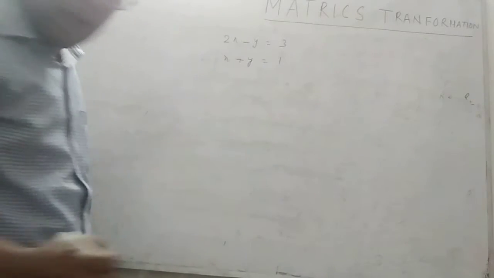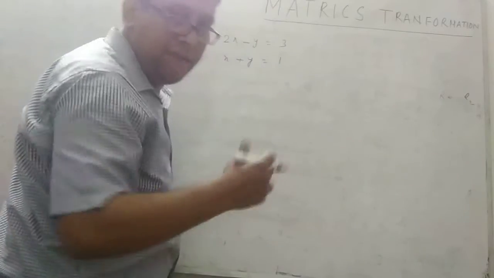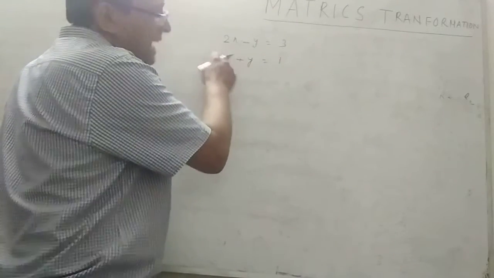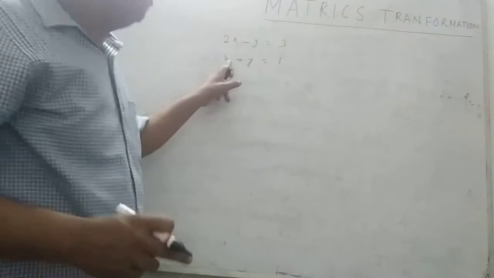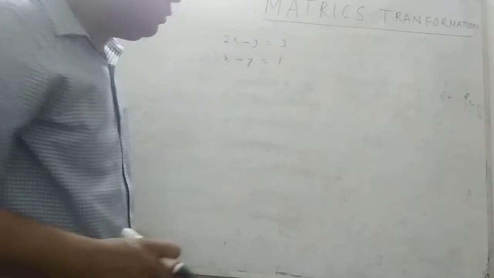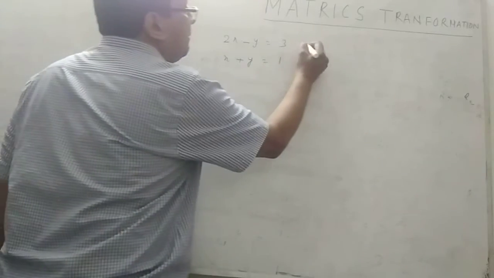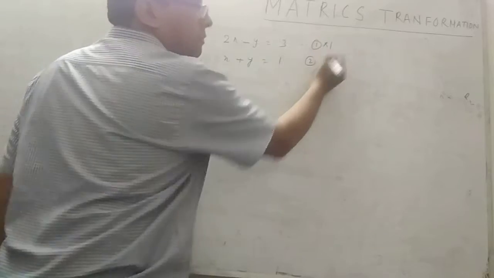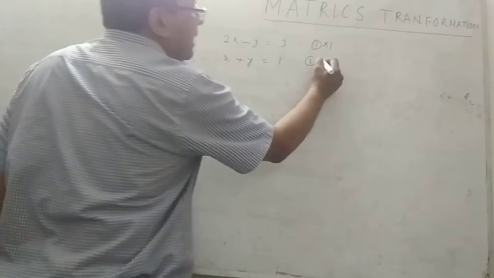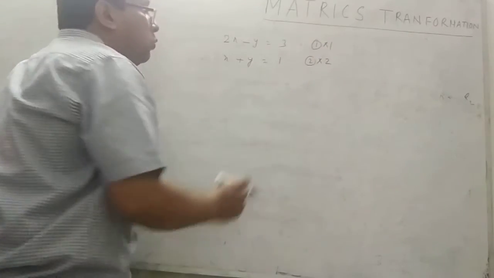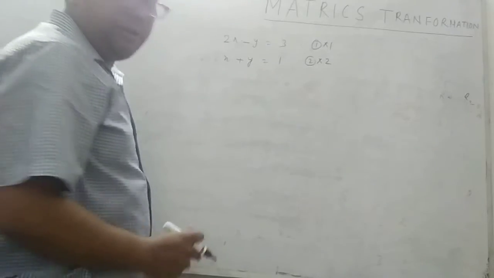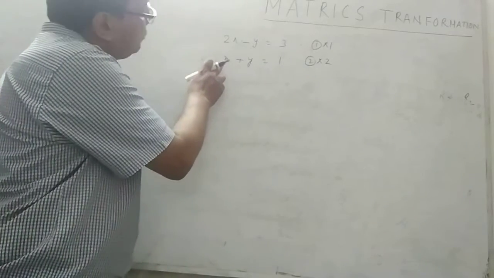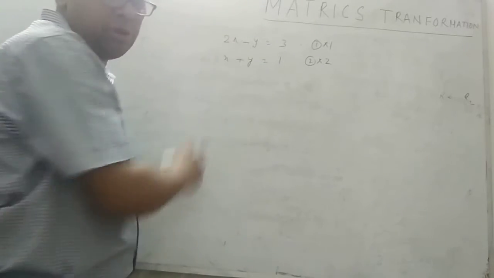In class 10 we have done this. Now, to eliminate x, what can I do? I can multiply this equation by 1, as we have done in class 10, and I can multiply equation number 2 by 2. Why are we doing it? Because we want to get the same coefficient in both these equations.